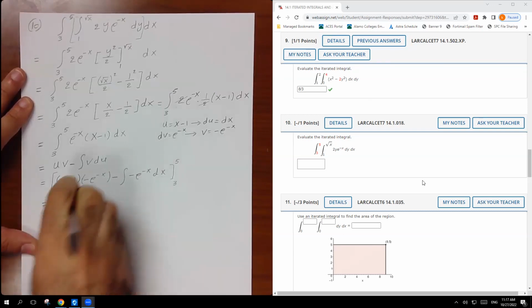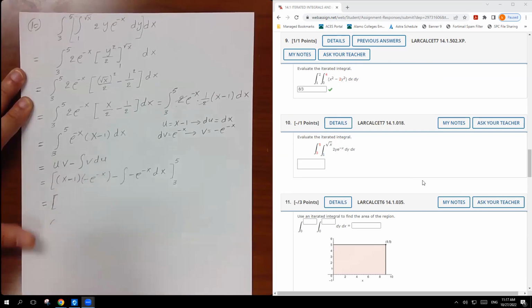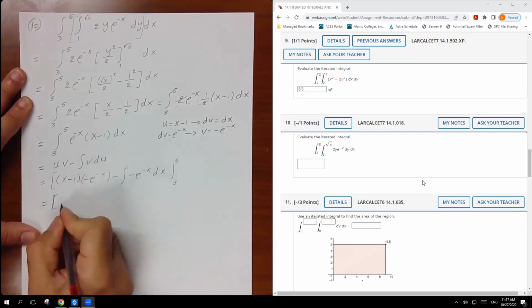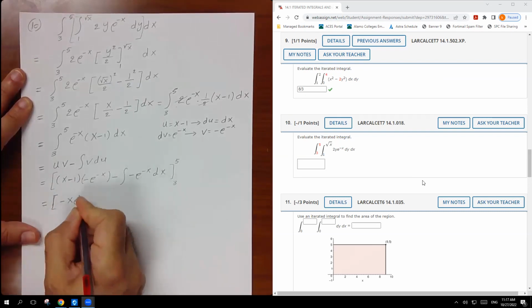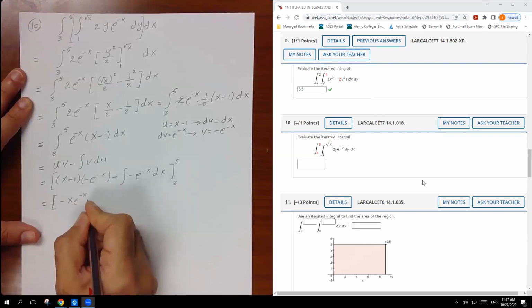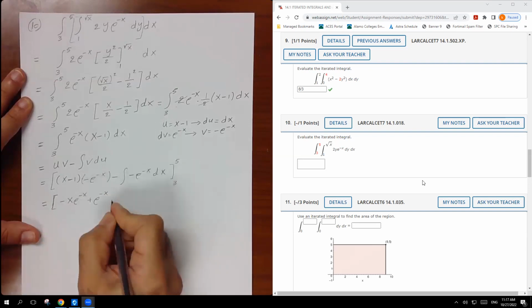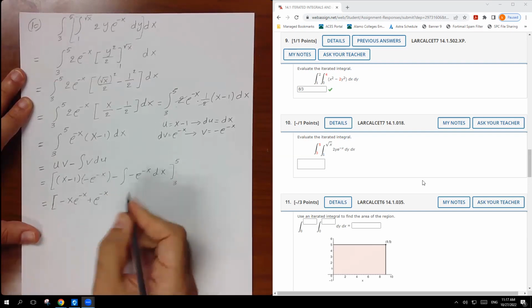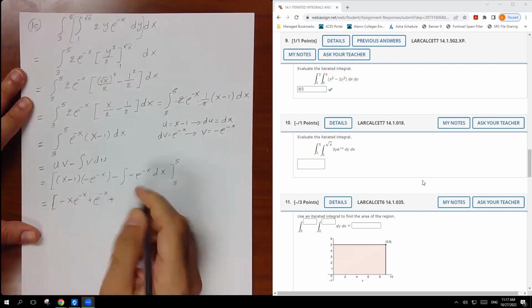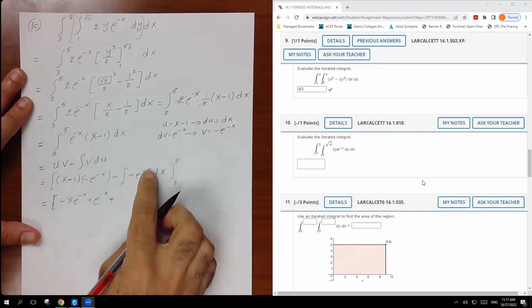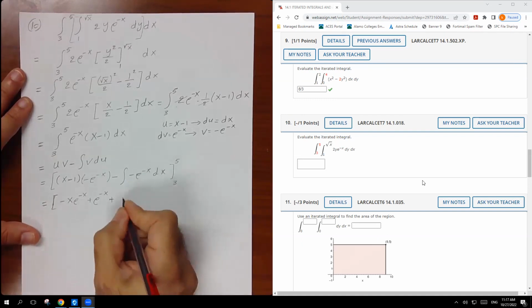Distribute. So it's going to be negative x e to the negative x plus e to the negative x. Take the negative out, so it's going to be plus. The integral of e to the negative x is going to be e to the negative x.